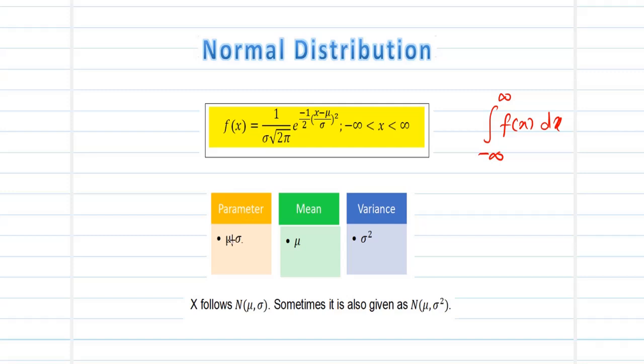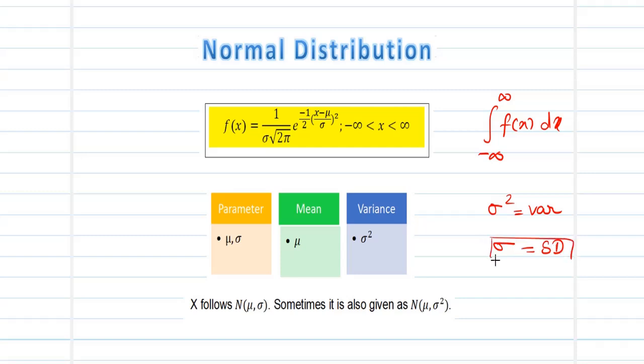Of the two, mu represents the mean of the normal distribution, and sigma square represents the variance. If sigma square represents the variance, what will sigma represent? Sigma will represent the standard deviation of the normal distribution.